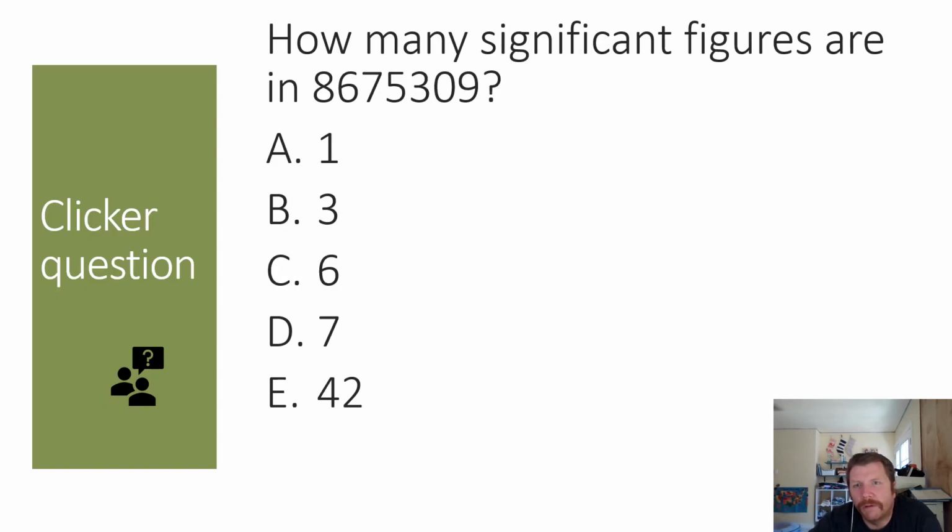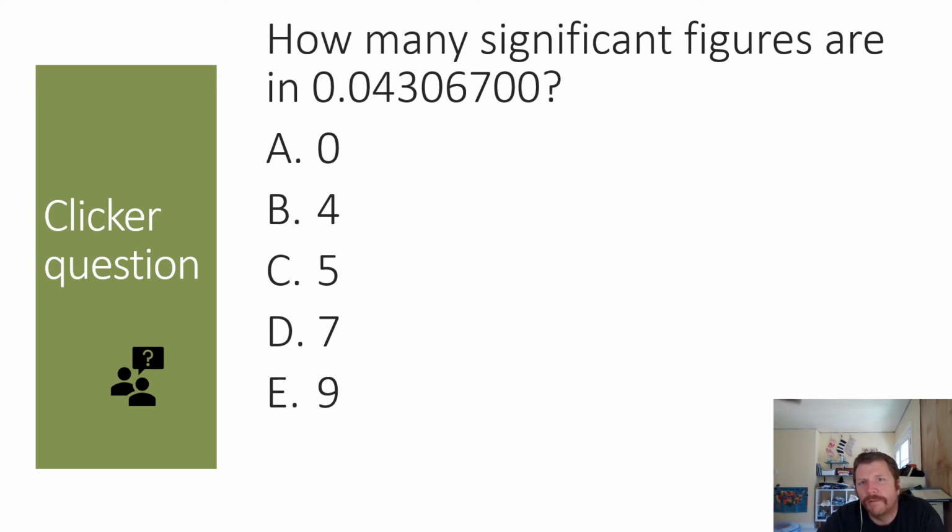Now, how many significant figures are in this number? 8675309. We have 1, 2, 3, 4, 5, 6 numbers that are non-zero digits, and this 0 is between. It's a sandwich 0. So we've got a total of 7 sig figs.